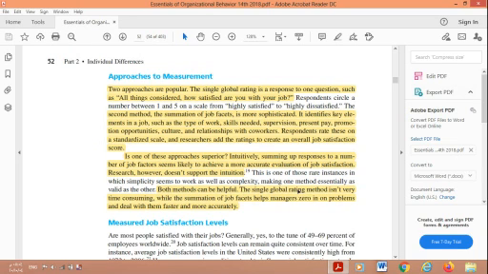The single global rating method isn't very time consuming، ما بتاخد الكثير من الوقت، على الرغم من انها it is accurate. ليش accurate؟ لانه في النهاية الشخص بيقول لي فعليا هل هو راضي او غير راضي، تمام، وشدة الرضا. لكن في الطريقة الثانية حيبدأ يعطيه الفاكتورز، ممكن الفاكتورز هذه ما غطت الامور اللي هو شاعر فيها بعدم الرضا، فبالتالي it is not accurate. While the summation of job facets helps managers zero in on a problem and deal with them faster and more accurately.